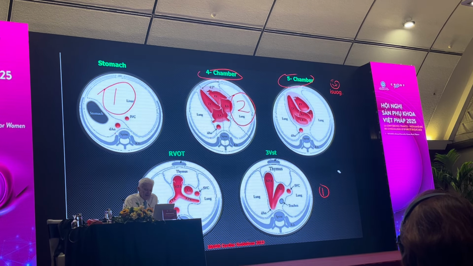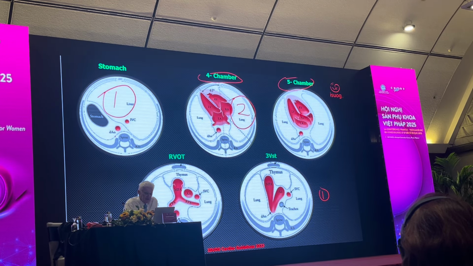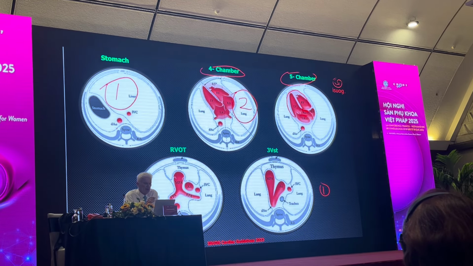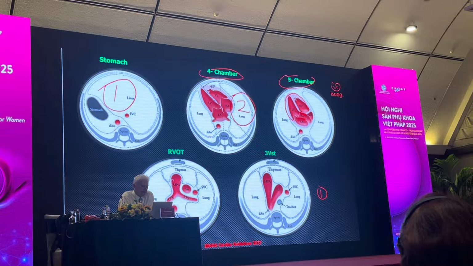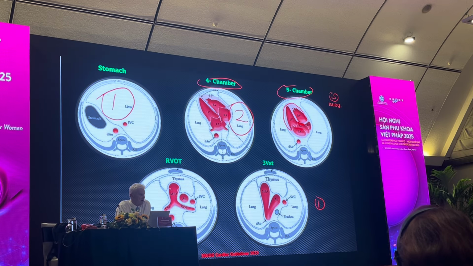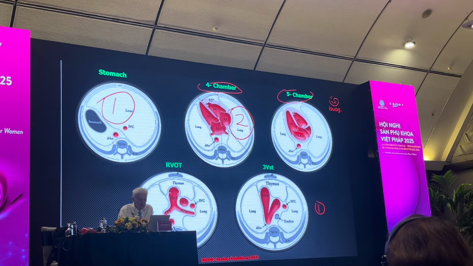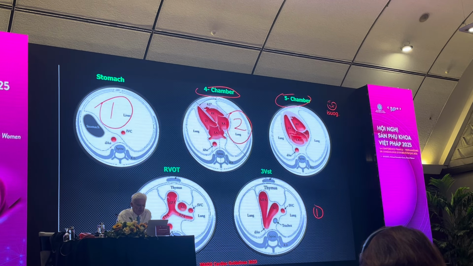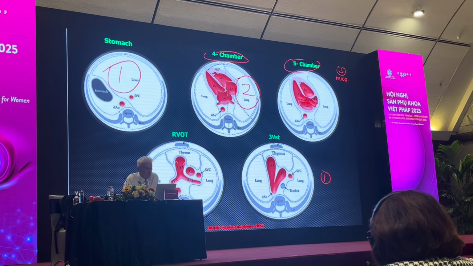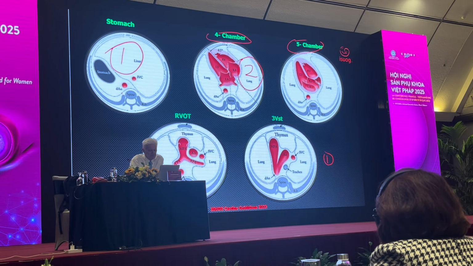The next thing I look at is the size of the aorta in reference to the size of the heart. If the aorta is dilated, I consider tetralogy of Fallot, common arterial trunk, or double outlet right ventricle. If the aorta is narrow or small, I think of coarctation of the aorta or interrupted aortic arch.